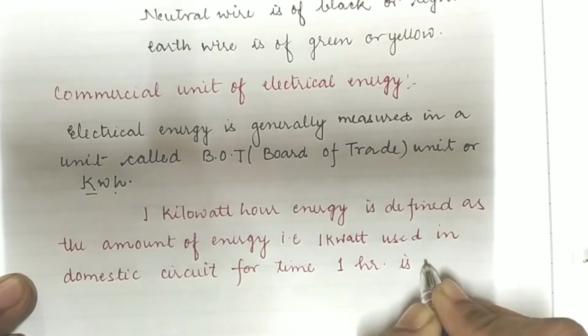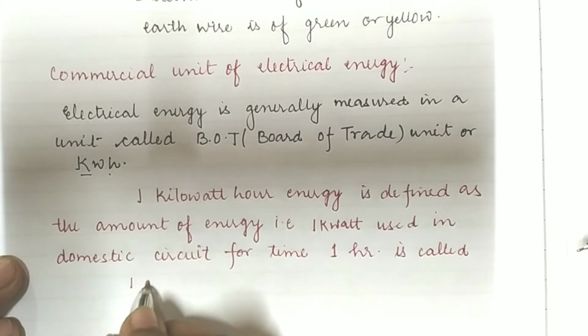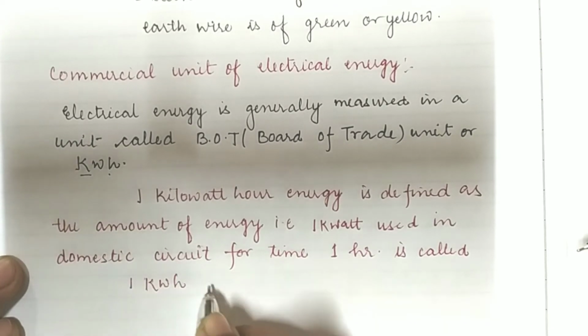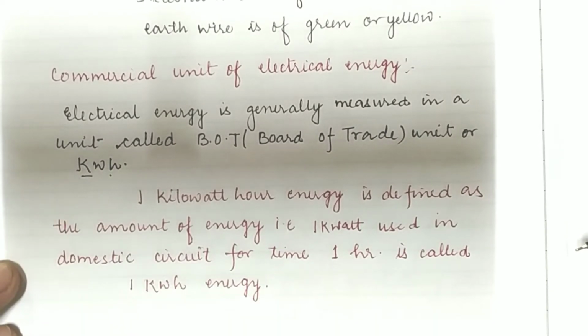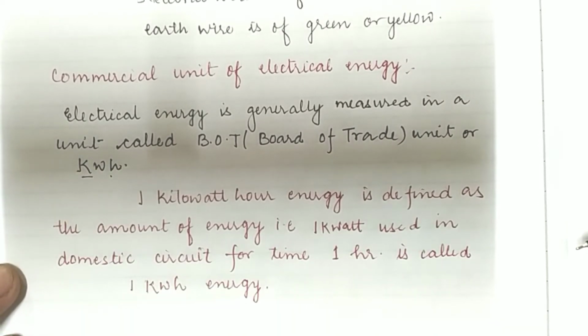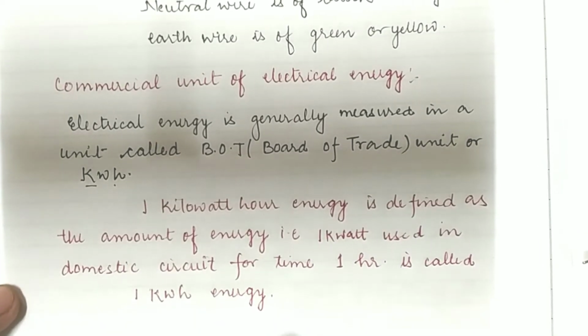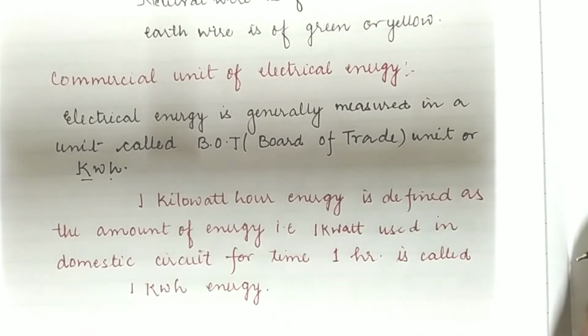Okay children, so it means that if we use 1 kilowatt of power for one hour in a domestic circuit, then this is said to be 1 kilowatt hour of energy.